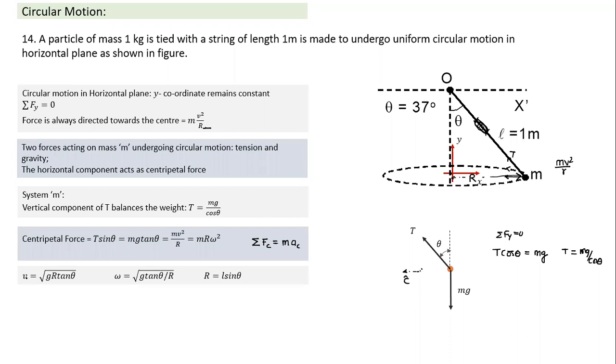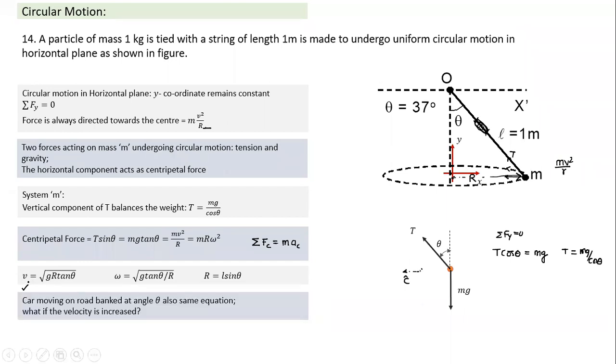Sometimes on the road also, we can use this equation. If a car is moving on a road, if the radius is r, if the angle of banking is theta, what is the speed at which it can move without requiring any friction? It comes from the same equation. I'll come to that also. In case of banking, suppose the road is banked at an angle theta.